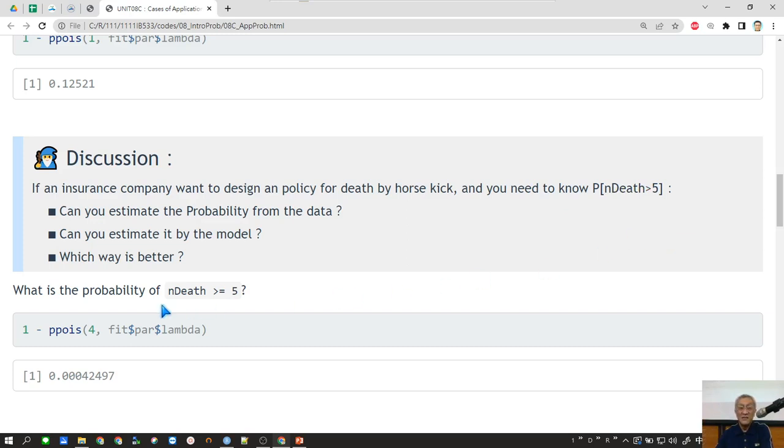We use 1 minus the left tail up to 4. So the probability is about 4 out of 10,000. 4 out of 10,000 is actually a very large probability for an insurance company.